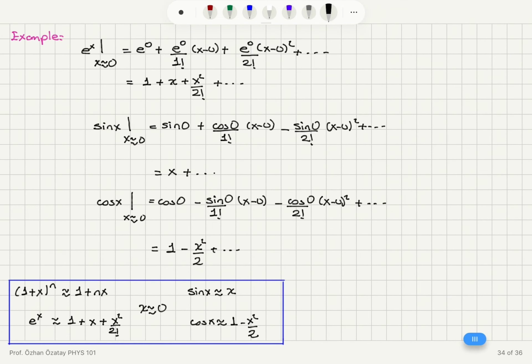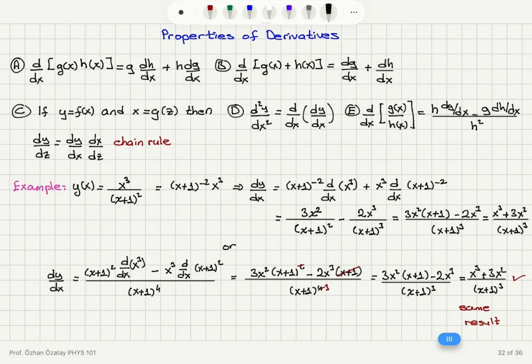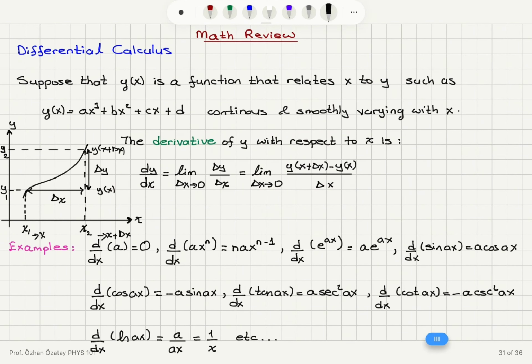Okay, so in summary, we have finished our math review here. We talked about the derivative of a function, which is the slope of the function at the point of interest. It is the limit as delta x goes to 0, f of x plus delta x minus f of x over delta x. We need to know the common derivatives of functions that we use very frequently.